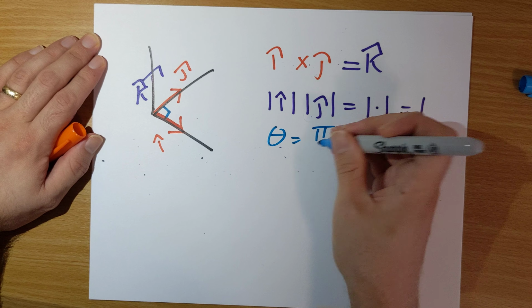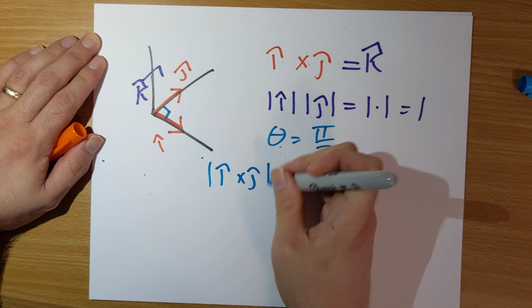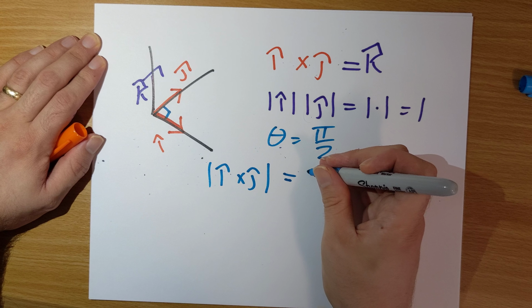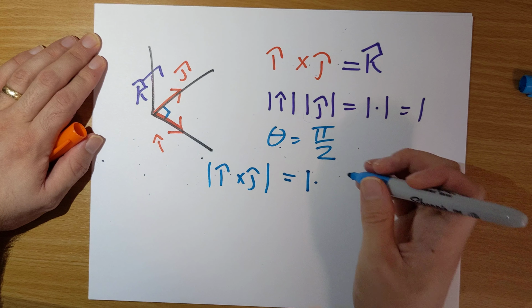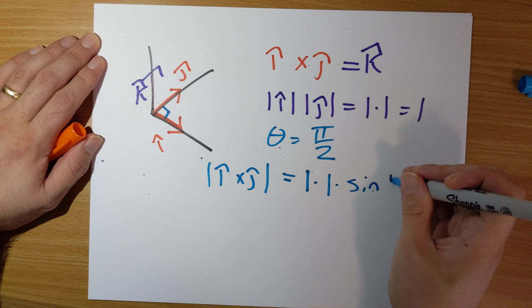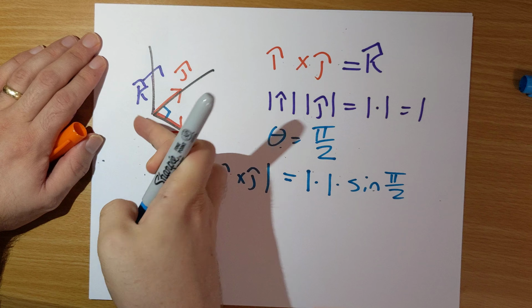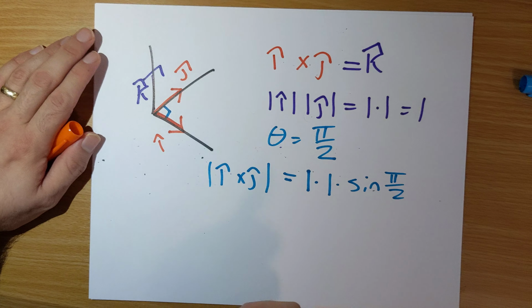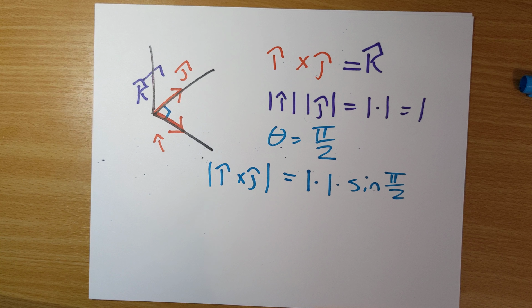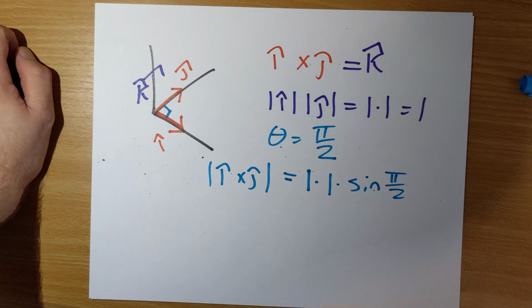Theta is equal to pi over 2. So I hat cross j hat, the magnitude of this is 1, the magnitude of I, times 1, the magnitude of j, times sine of pi over 2, and of course sine of pi over 2 is 1. So our resulting vector needs to have length 1. So this all checks out.